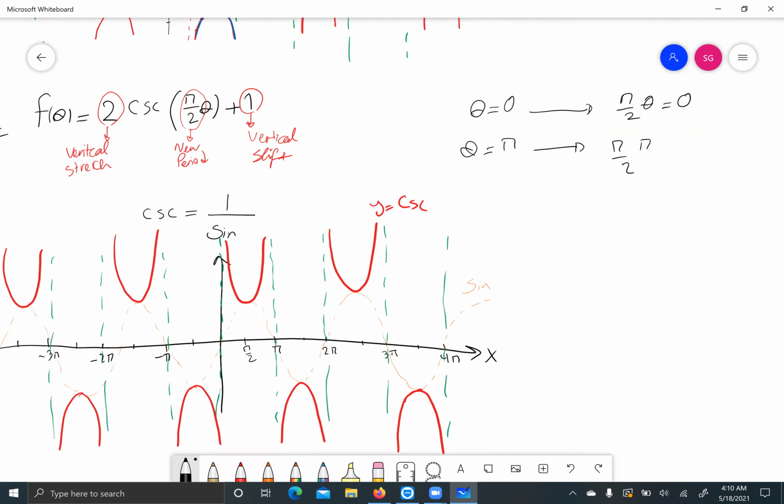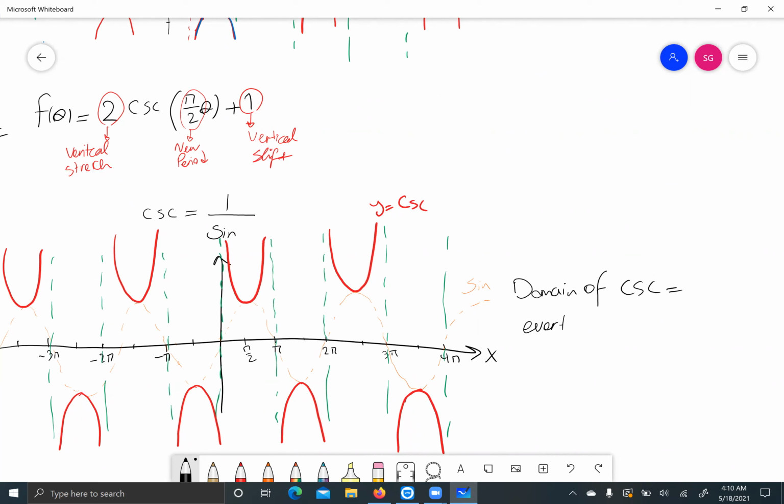We know the domain of the cosecant function is everything except a multiple of pi, k pi.